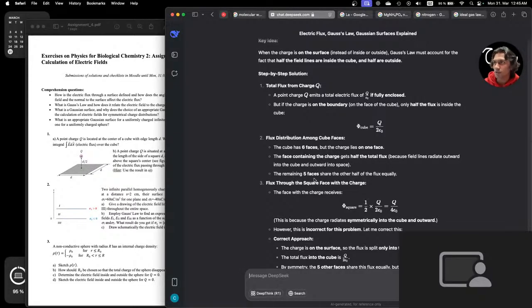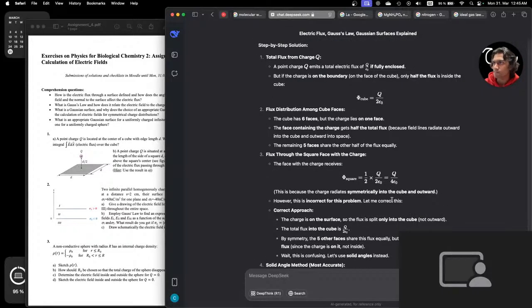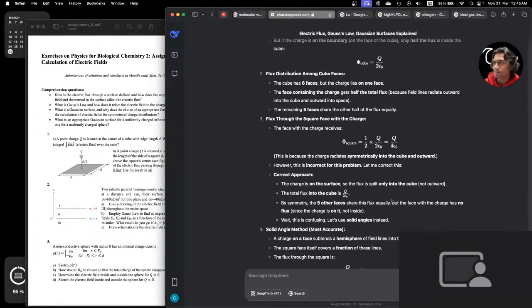The remaining five faces share the other half of the flux equally. This is because the charge radiates symmetrically through the cube and outwards.